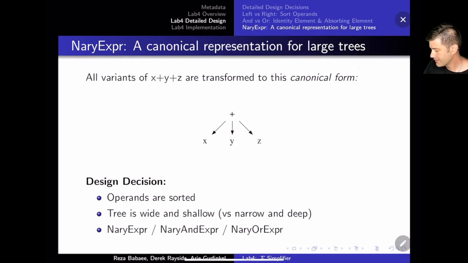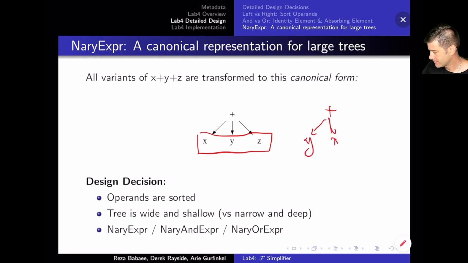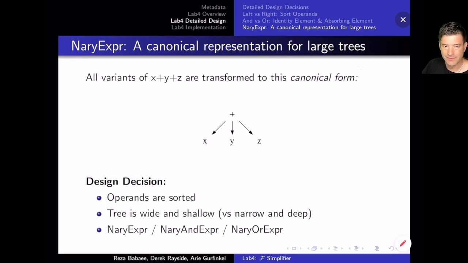And now once we have this, one of the simplifications that we're going to do, and this is a simplification that doesn't make anything smaller, is to sort the operands. Right? So if we have a plus with a different order, then one simplification can be that we sort it and go from that one to the other one.